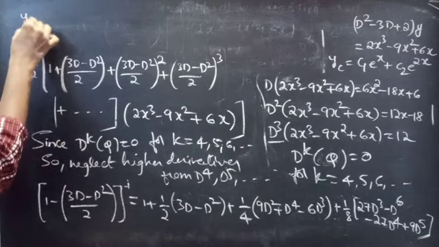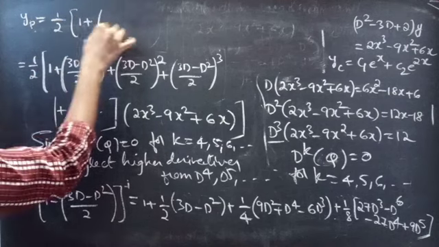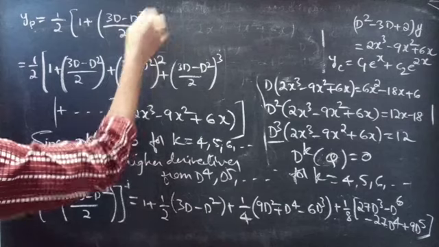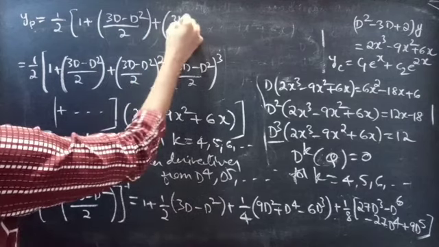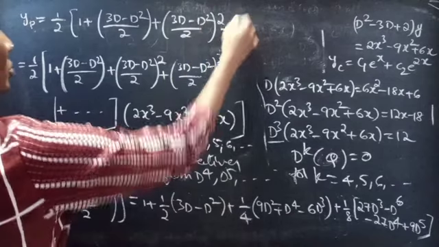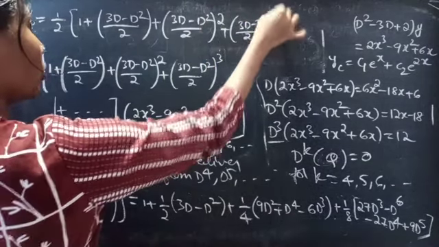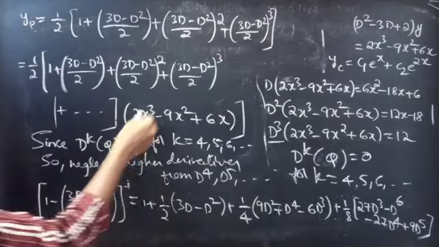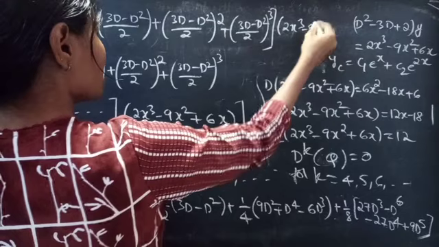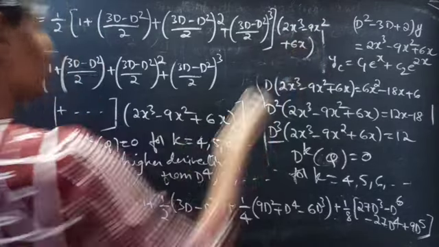Then yp becomes 1 by 2 into 1 plus (3d minus d square) by 2 plus (3d minus d square) by 2 whole square plus (3d minus d square) by 2 whole cube, into cube, 2x cube minus 9x square plus 6x.